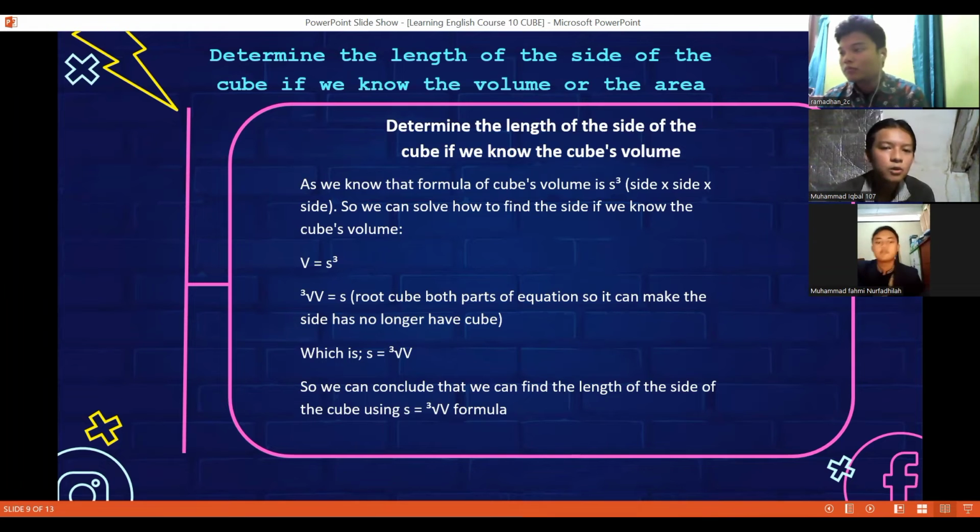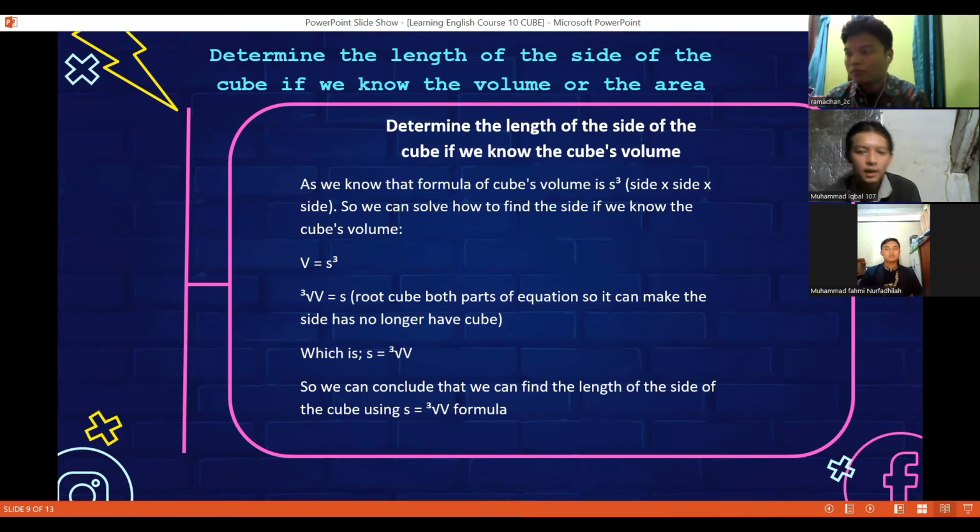We take the cube root of both sides of the equation, so the side is no longer cubed, and the formula finally is s is equal to the cube root of volume. So we can conclude that we can find the length of the side of the cube using the formula s is equal to the cube root of volume.